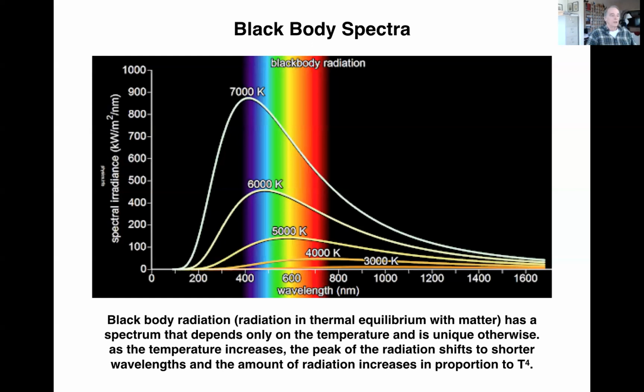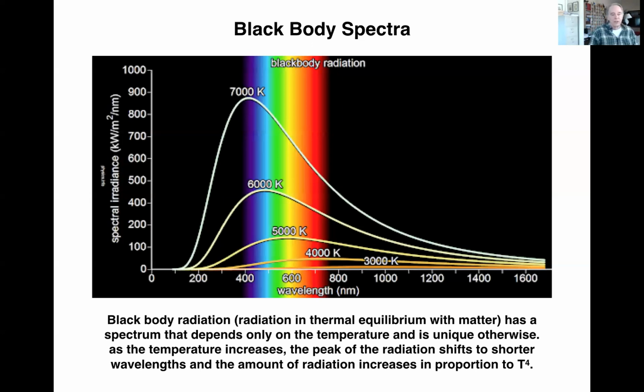You could characterize it by a temperature because there would be a unique relationship between the temperature and the spectrum of that radiation. The spectrum would depend only on the temperature and nothing else. And this is what the spectra look like at various temperatures. You can see that as you increase the temperature, the amount of radiation that you would have would increase quite dramatically.